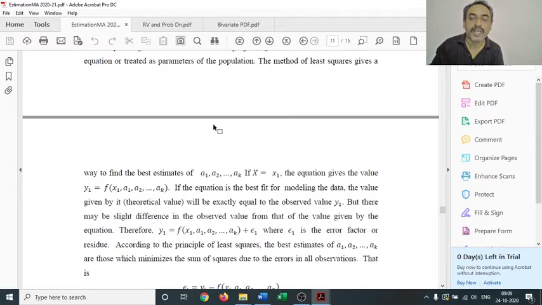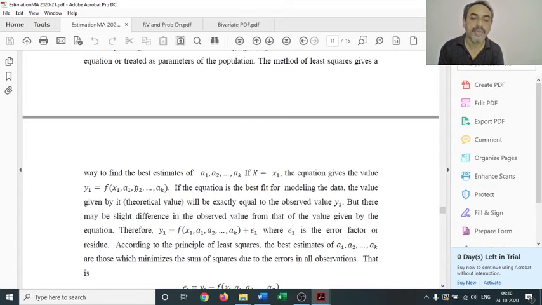Then according to the method of least squares, we have an equation f(x, a1, a2, etc., ak), and if you put x1 here, it is f(x1, a1, a2, etc., ak). This is the value we get theoretically from the equation, and sometimes it may be slightly different from the value obtained from the unit. For example, if you are representing x1 as the height and y as the weight, there may be a relation between height and weight.